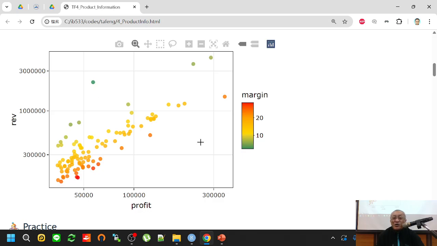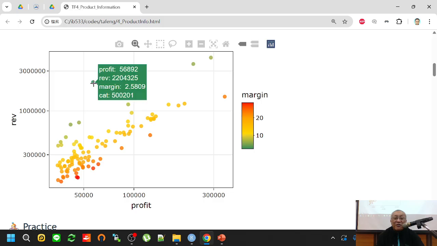So it uses the x coordinate, y coordinate, and the color to represent the profitability, revenue-generating capability, and margin of the product. As you can see, the margin can be as high as 26%, 27%, 28%, right?